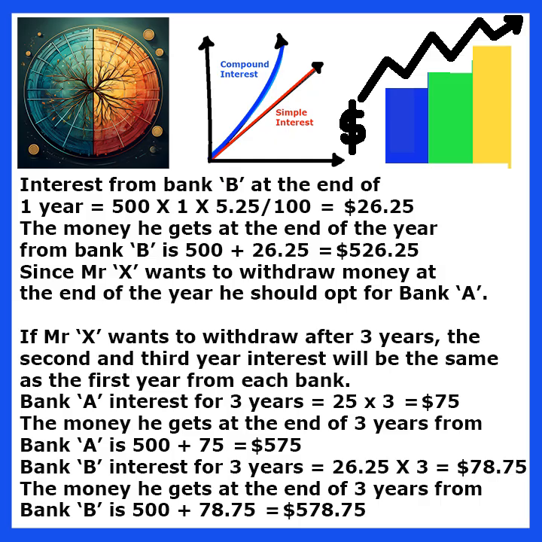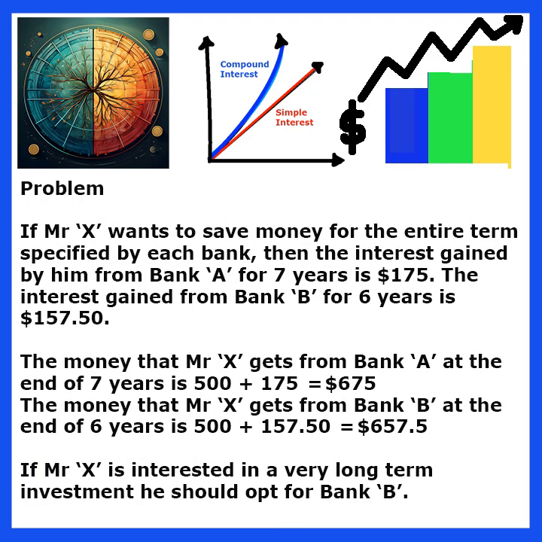Bank B interest for 3 years equals 26.25 multiplied by 3 equals $78.75. The money he gets at the end of 3 years from Bank B is 500 plus 78.75 equals $578.75.